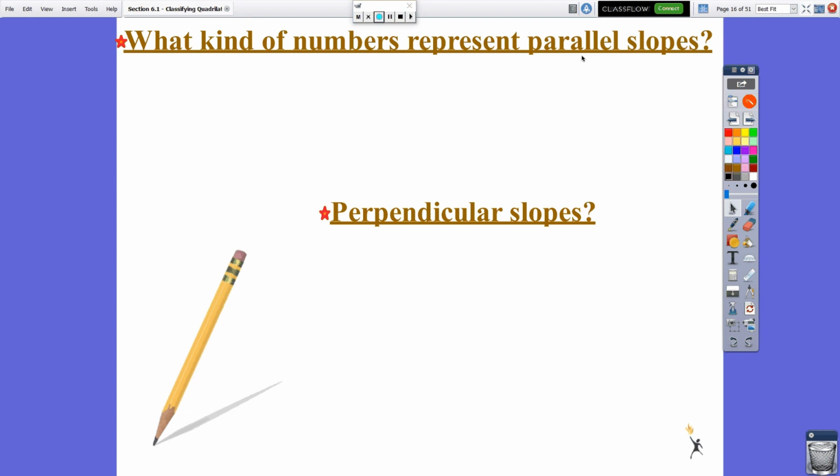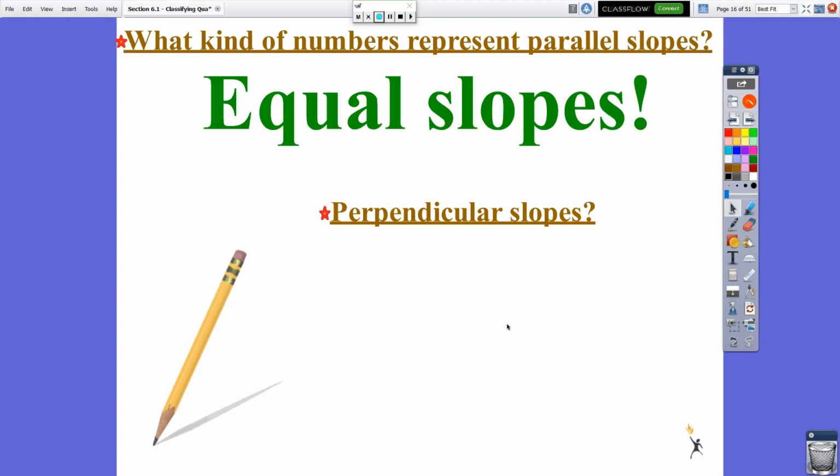So first, parallel slopes were equal to each other. Now, you might watch out, because I might try to trick you in some cases and say, what if one side had a slope of 1/2 and another side had a slope of -2 over -4? You might go, no, those are different.